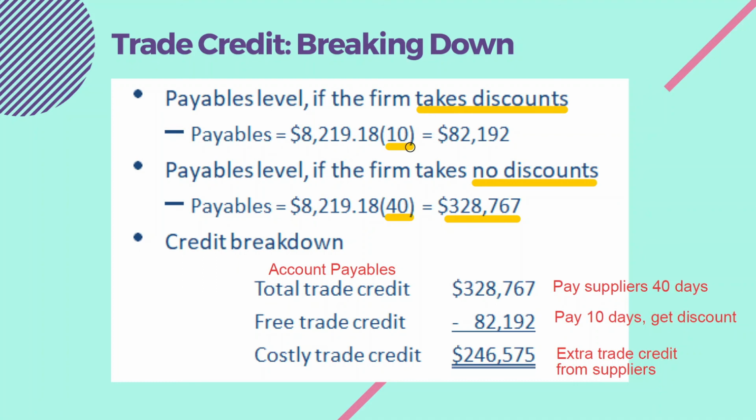If 10 days is the amount of accounts payable outstanding, the accounts payable will be $82,192. Comparing the two numbers, if we pay suppliers in 40 days, the company will get to keep this cash for 30 days. $246,575 represents extra trade credit from suppliers.